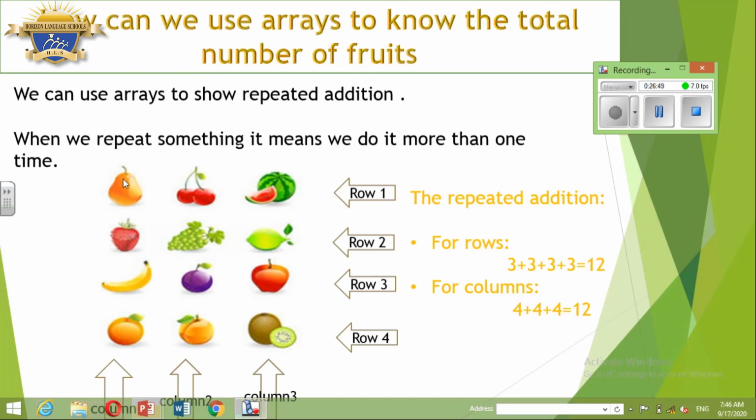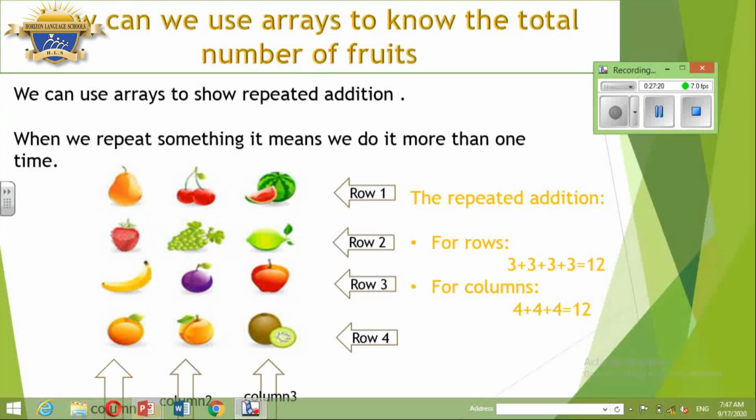Remember, we said that the column is vertical, goes up and down. Okay, I have here 1, 2, 3, 4. So I have 4 fruits in the first column, and 4 fruits in the second column, and 4 fruits in the third column.